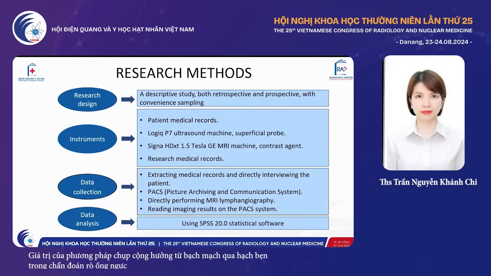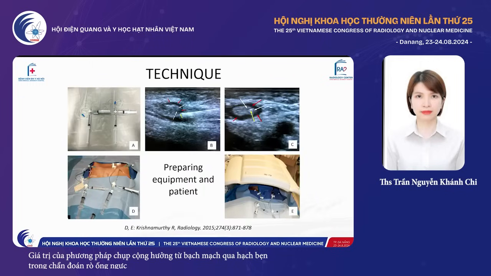The most important equipment of this technique is an MRI machine with a movable table that can be retracted from the scanning room. This image shows preparation of equipment and patient for this technique. We insert the needle into the bilateral groin lymph nodes.